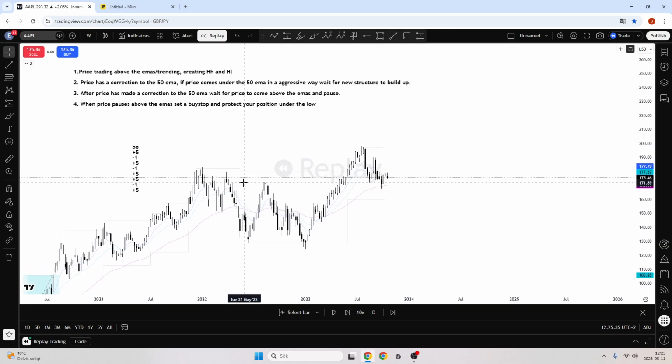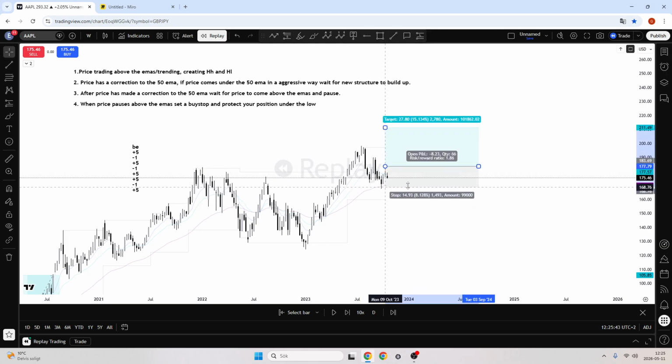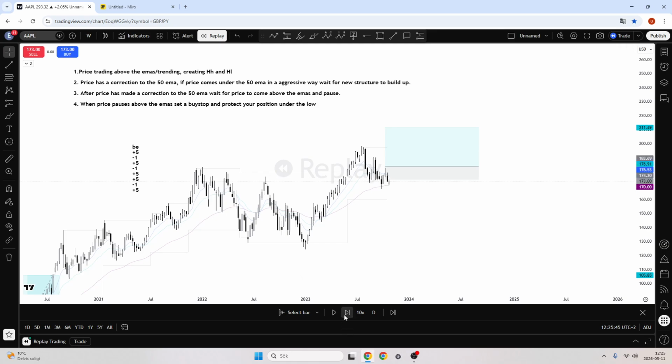Alright, so this is actually good. Structure is looking good to the upside, higher highs and higher lows, flushes down to the 50 MA. So I would throw a buy stop right there. Wait for a pause again. We'll cancel that. Wait for a pause. We'll actually pause here.